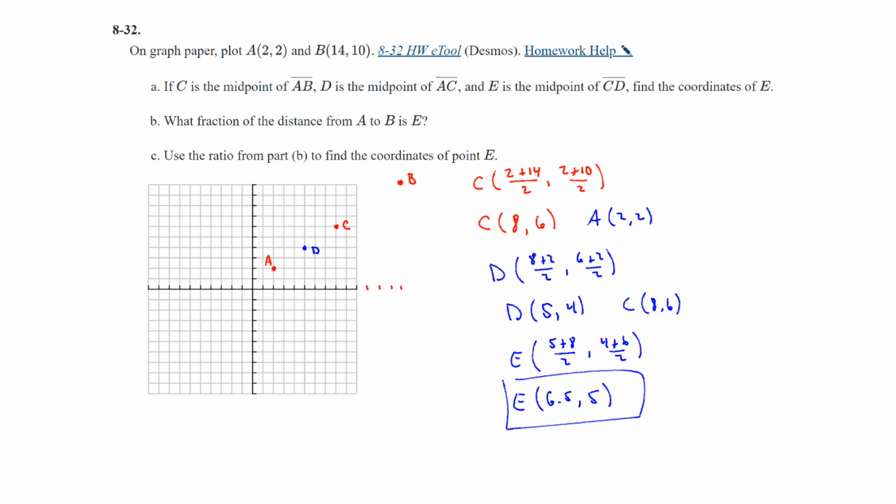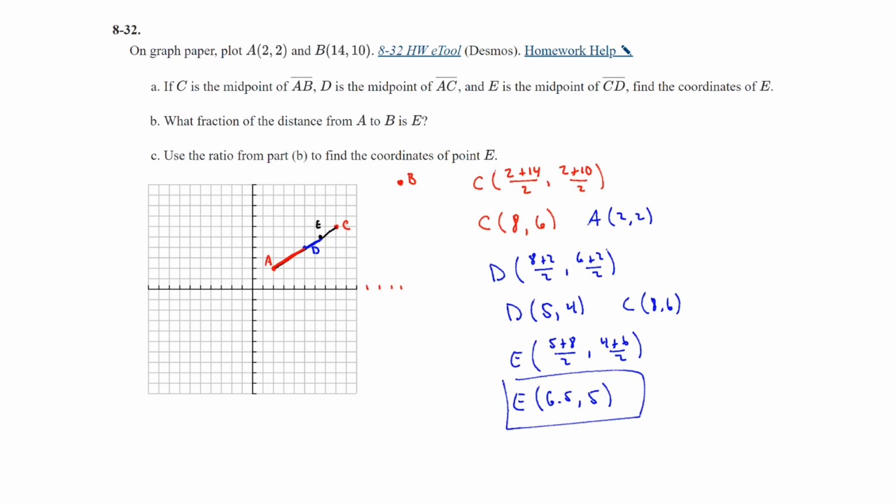B, what fraction of the distance from A to B is E? So I'm going to plot E just so we know where it's at. 6.5, what is it, 6.5 and 5? So about right there. And so when we started, AB was the length, then AC, that's half of AB, and then AD was half of that, or a quarter, and then DE was half of a quarter, which is an eighth.